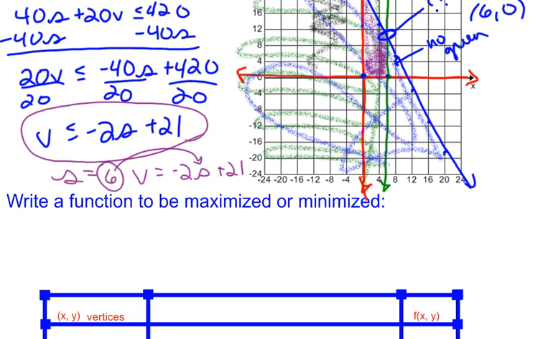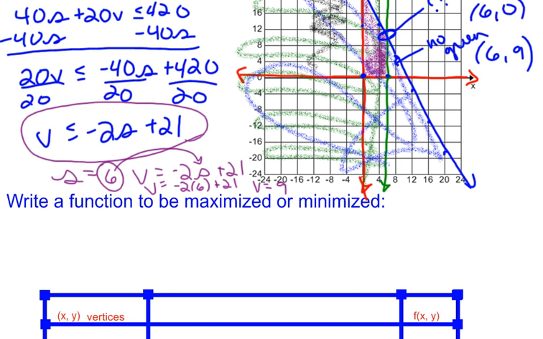I know that point then, that ordered pair is going to be 6 something because s is 6. So when I substitute here, I'd have negative 2 times 6 plus 21. Negative 12 plus 21 would be 9. So v is 9. So my ordered pair is going to be 6, 9. That won't happen to you a lot, but I wanted you to be prepared for when it does.